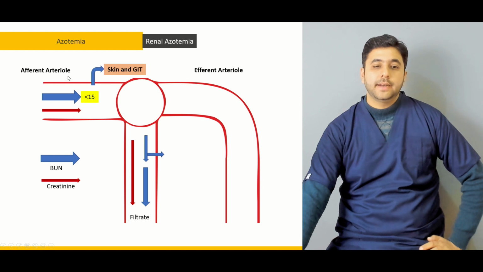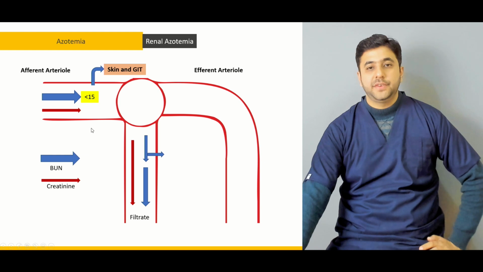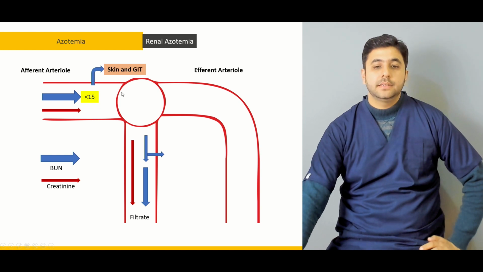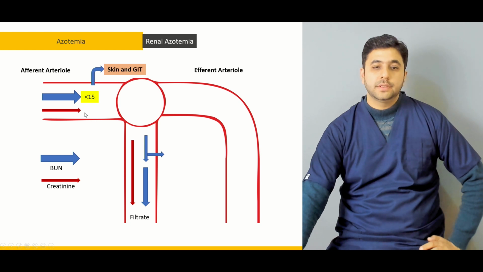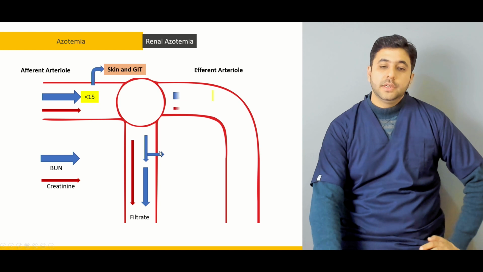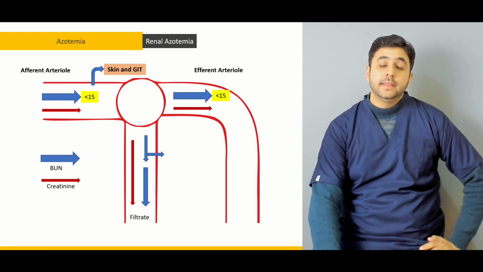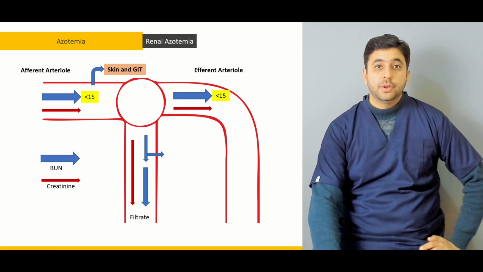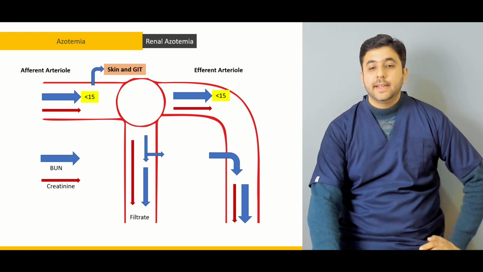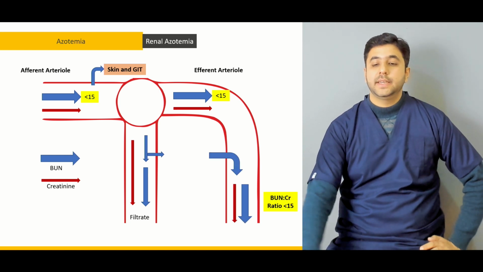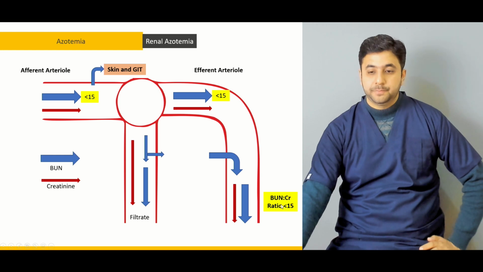So the BUN and creatinine ratio is generally less than 15 already in the efferent arteriole. The glomerulus freely filters urea and creatinine, and the kidneys are not working well, so there is decreased absorption of urea in the renal proximal tubule, and that can eventually lead to a further decrease in the BUN and creatinine ratio.